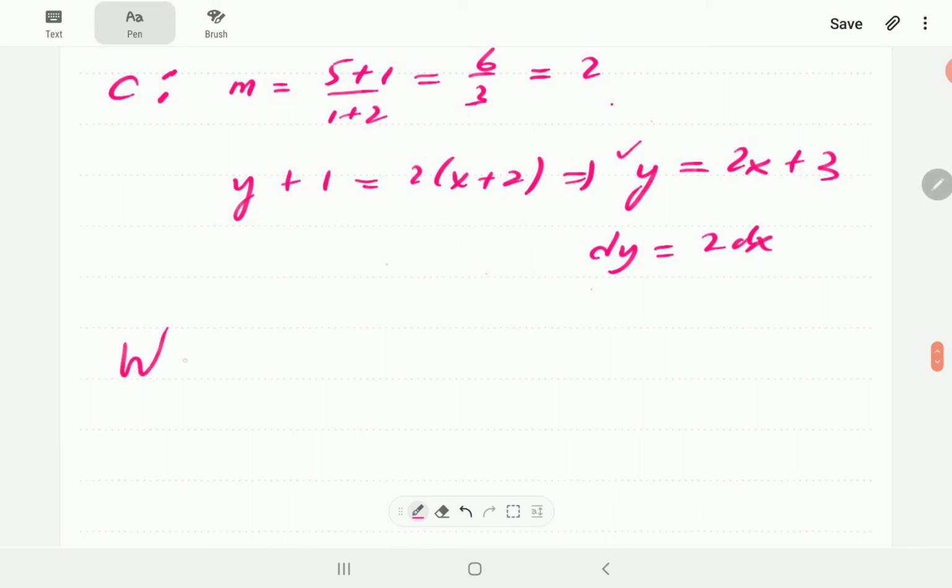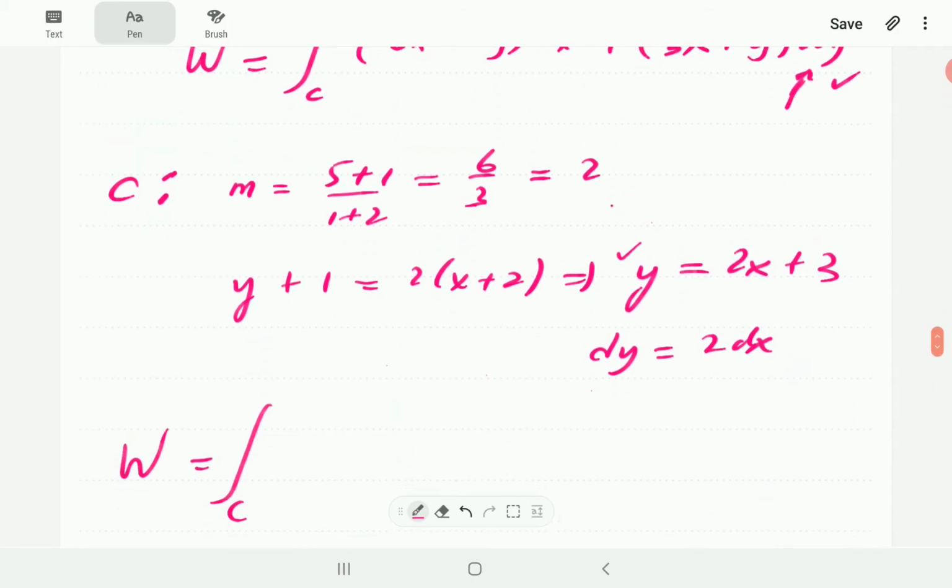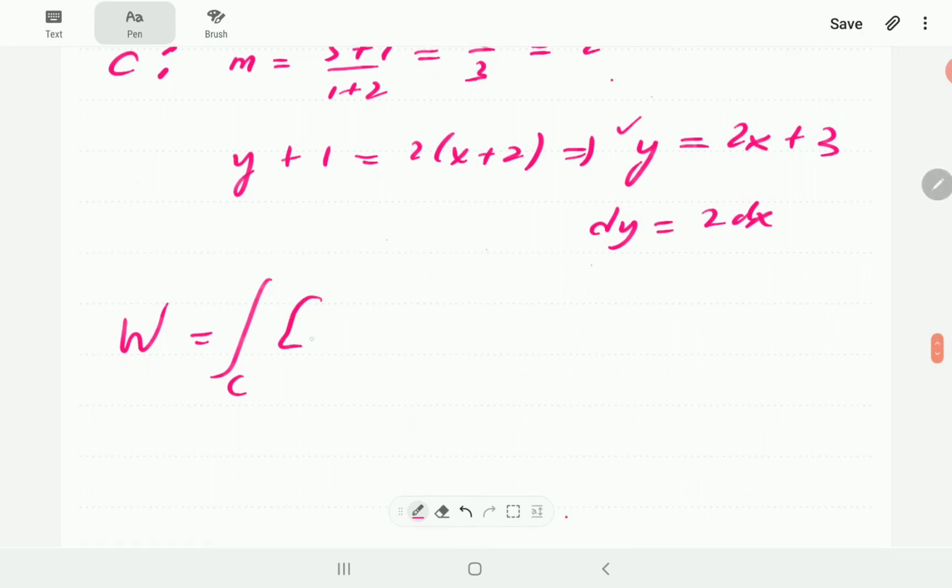So what's going to happen is our first term, which is 6x squared minus 2y, is going to look as follows. So we're going to have 6x squared minus 2 into 2x plus 3, and then dx just remains like that.